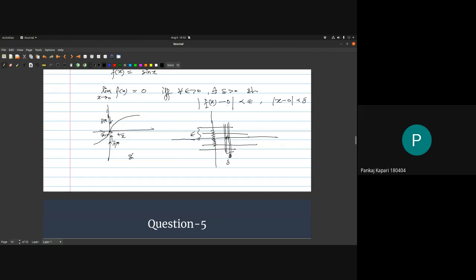You have to show that sin x minus 0 can be made arbitrarily small, less than epsilon, by making x small enough, less than delta, and this delta should depend on epsilon. For every epsilon greater than 0, there exists a positive delta such that this happens.